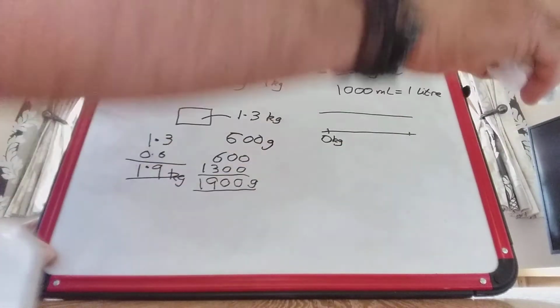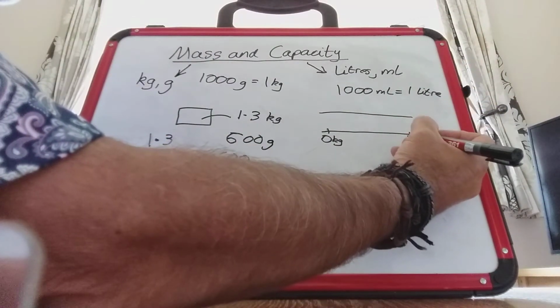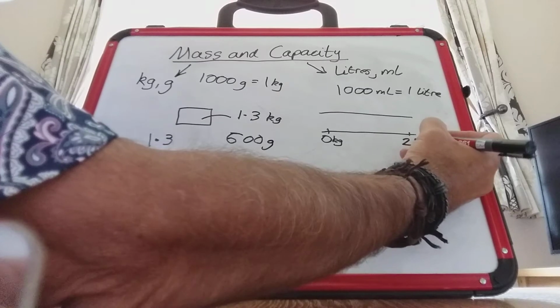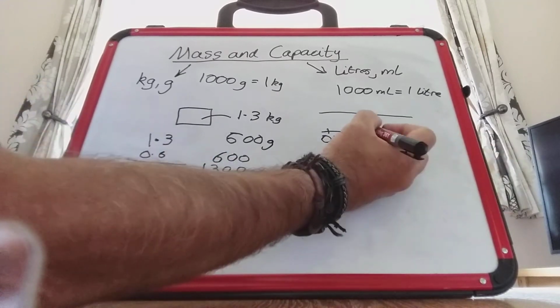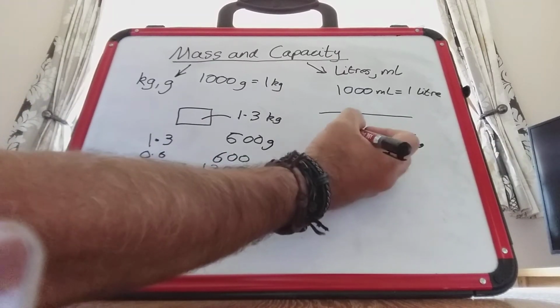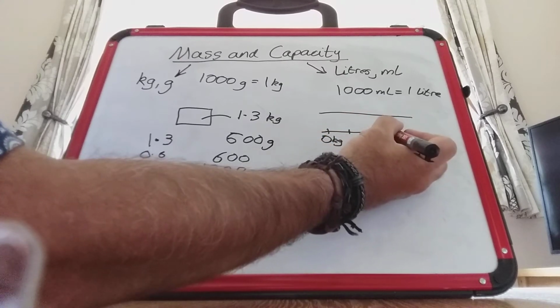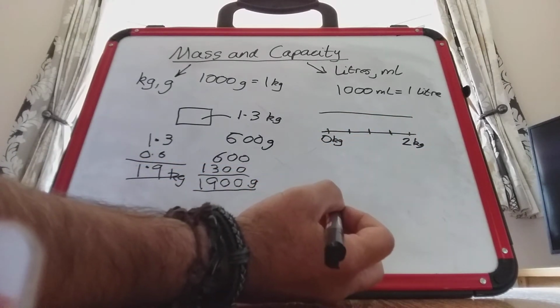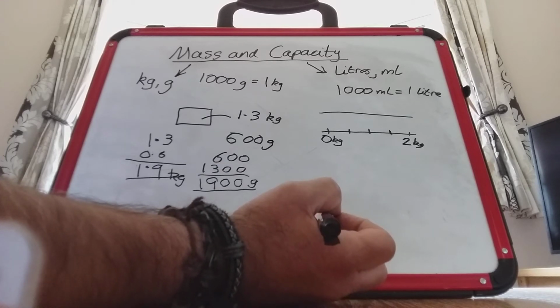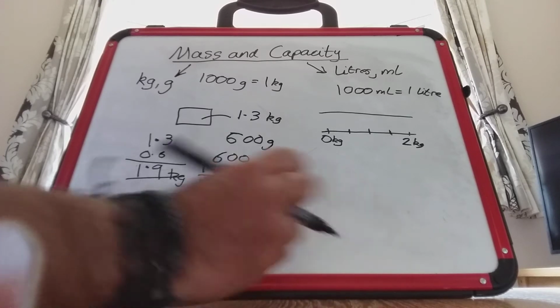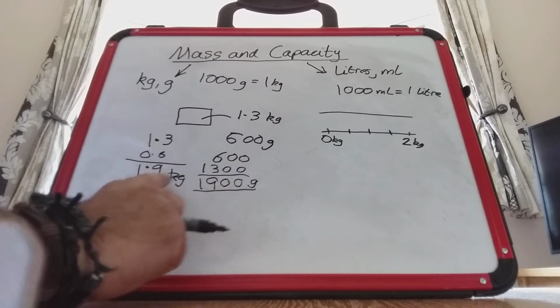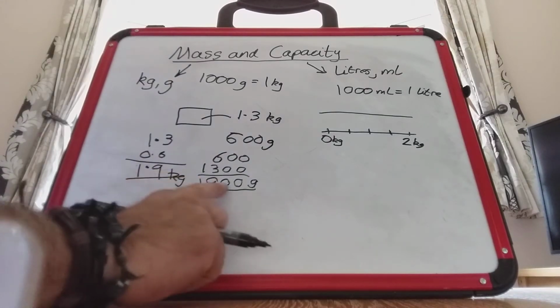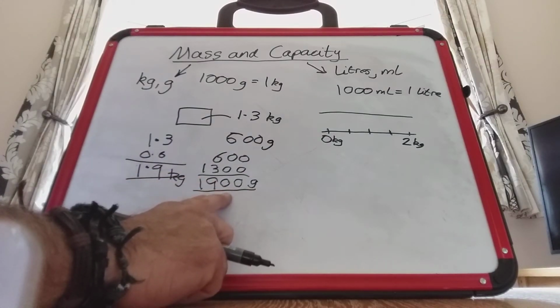Let's make that 2 kilograms, and then there might be a mark here, and then a mark here, and then a mark here. And what it might tell you to do is to draw an arrow on the scale where you think the answer 1.9 kilograms or 1900 grams would be.